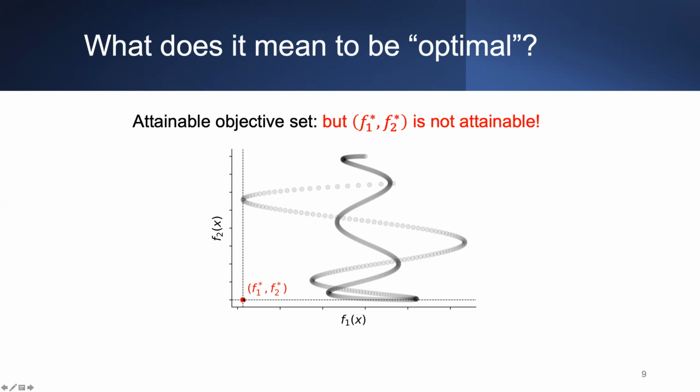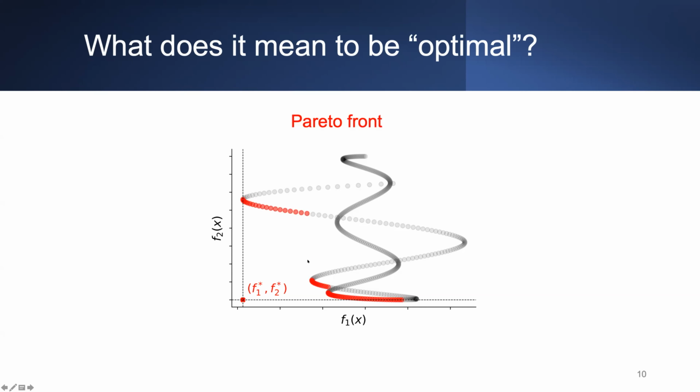usually not possible. So what you can instead look at are these red points, right? This is what is called the Pareto front. What this means is that these are essentially those points which dominate every other configuration. For example, if I look at a point somewhere along here, this configuration has a worse objective value compared to at least one point on the Pareto front, right?